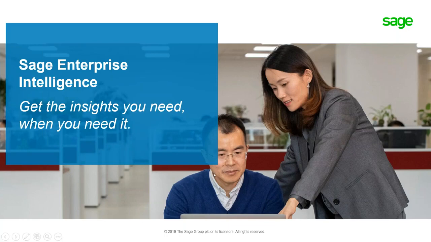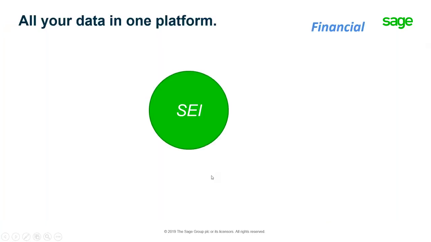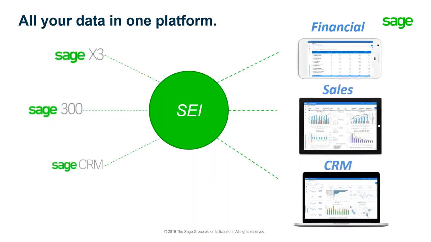So before I start, SEI or Sage Enterprise Intelligence is a platform that allows you to tap into different data sources. For Sage itself, we already have all the templates for different solutions in Sage, like X3, 300, and CRM.